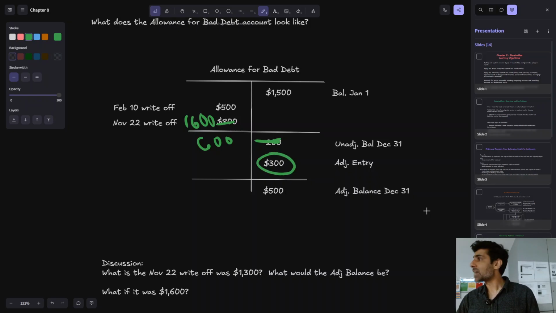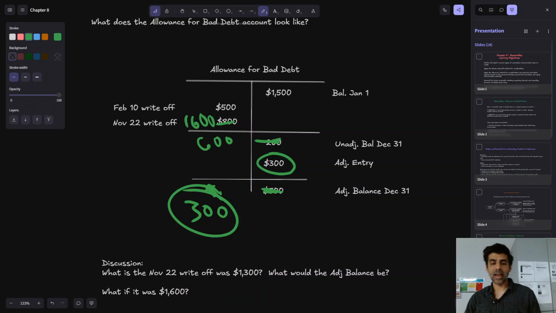This adjusting entry is unchanged. And so we're going to end up with an invalid allowance for bad debt. We would have a $300 debit balance. So this would be wrong. We'd have to do some large adjusting entry here. We could not just leave this. We'd have to fix this.